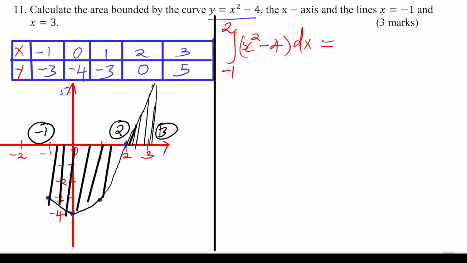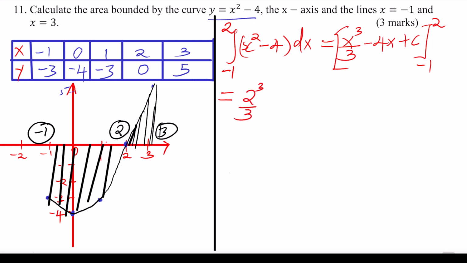When you integrate x squared, you get x cubed divided by 3, subtract 4x plus the constant, from -1 to 2. Let me first get the area between x equals -1 and x equals 2. Substitute 2, you get 2 cubed divided by 3, subtract 4 times 2, c will get eliminated.